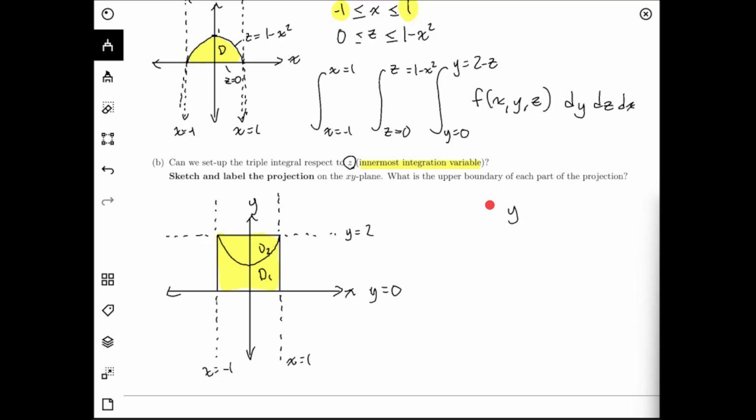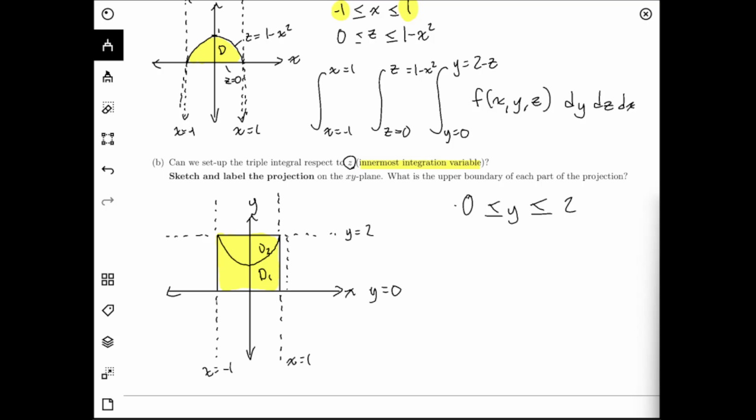y is our outer boundary, so no functions for y. Don't want to do this because it ends up splitting it in two when we get to x, and I'll show you that. y going from 0 to 2, right?